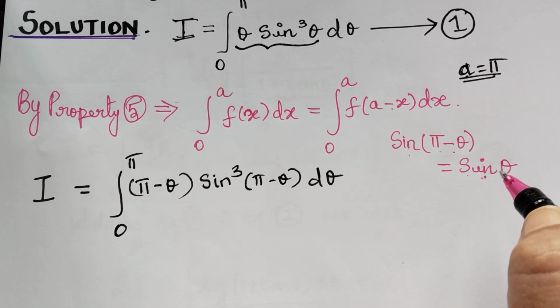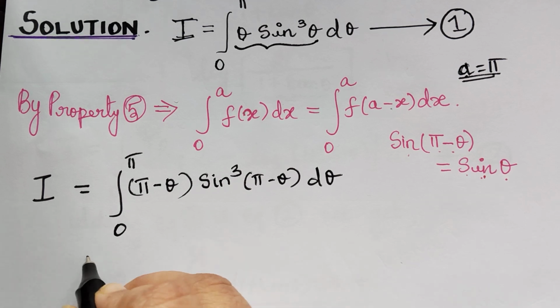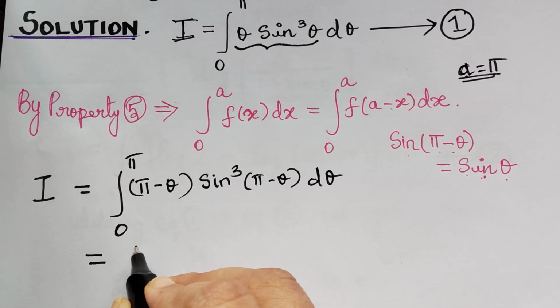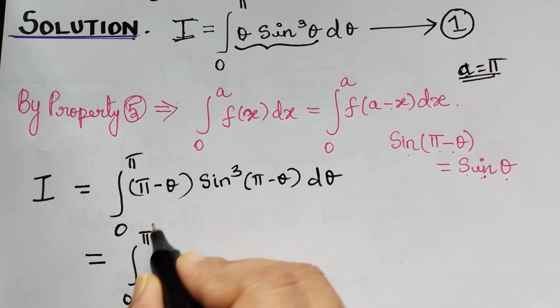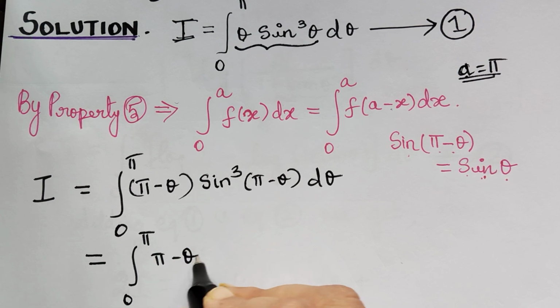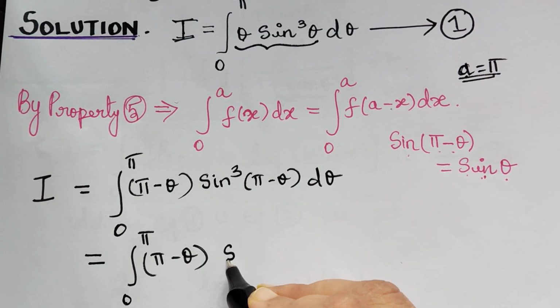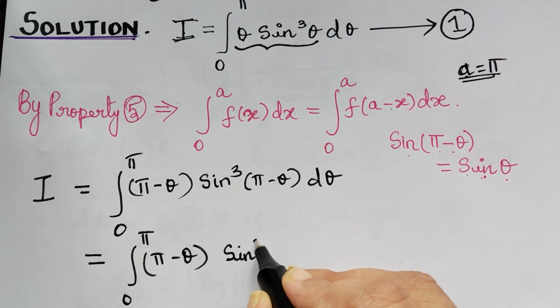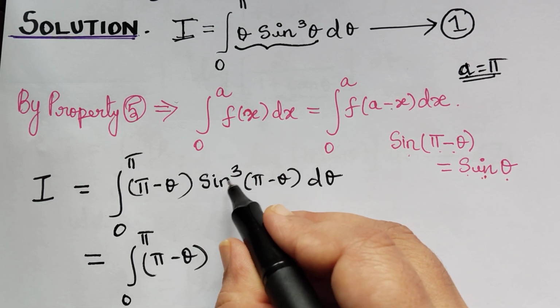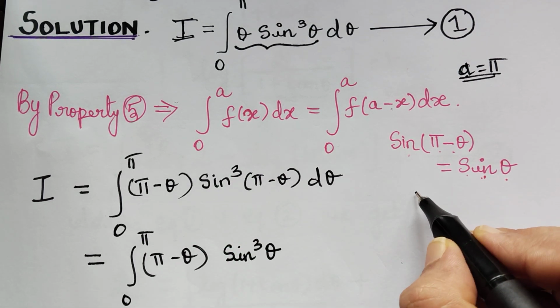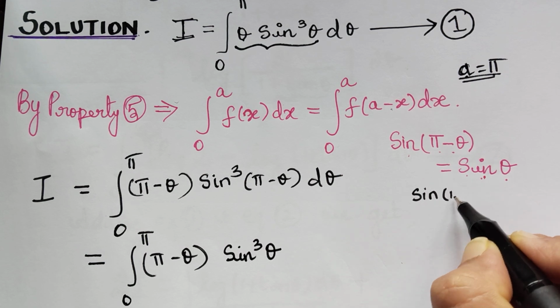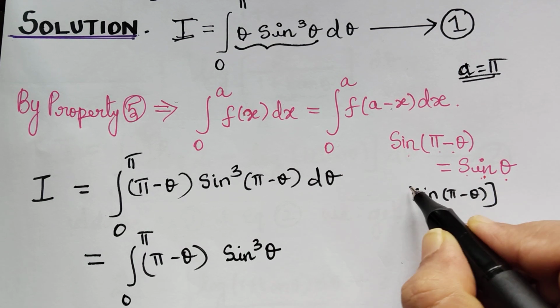So this has to be rewritten as, capital I will be equal to integral 0 to pi, and this pi minus theta will be the same. Instead of sine cube pi minus theta, we will have sine cube theta, because sine cube can be written as sine pi minus theta the whole cube.